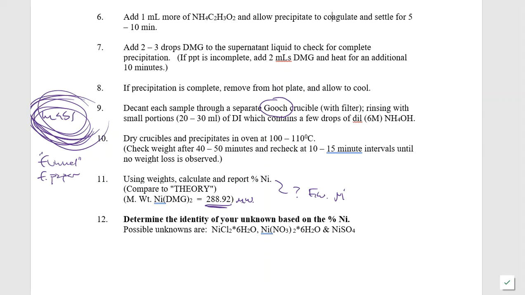Okay, so how do I do this? Well, the prior calculation, number 11, will tell you how much nickel was present in your solution.